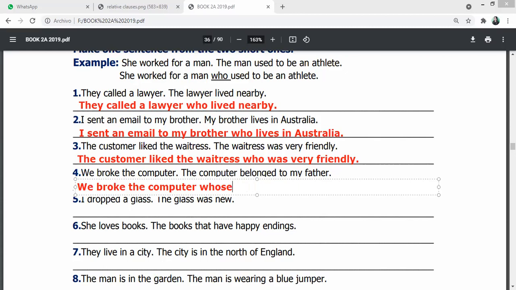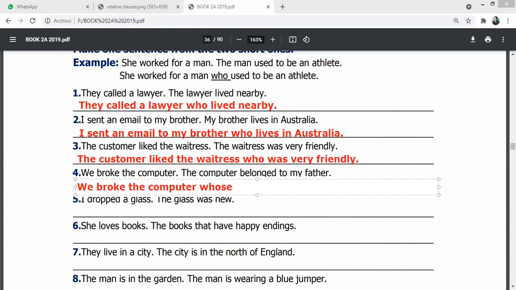Or also we use which. Okay, we have a small detail here. Pablo said, we broke the computer. Whose computer belonged to my father? We repeat the computer. Yes? Whose computer, but not whose the computer.